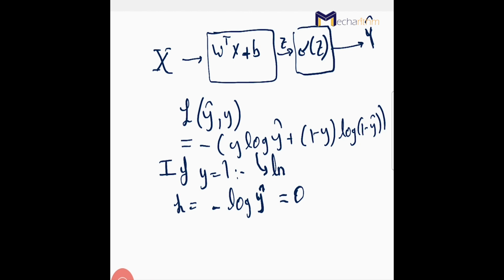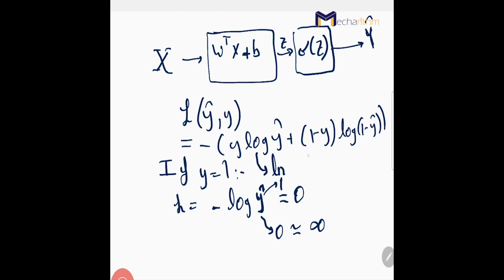So that means y is equal to 1, and if the prediction is 0, which is pretty far from the ideal case, then the loss will be almost close to infinity, which means the loss is very large. But actually, as we said, we never get solid values, so it's going to be something like 0.01, 0.1, something like that, but it's going to be pretty close to 0.